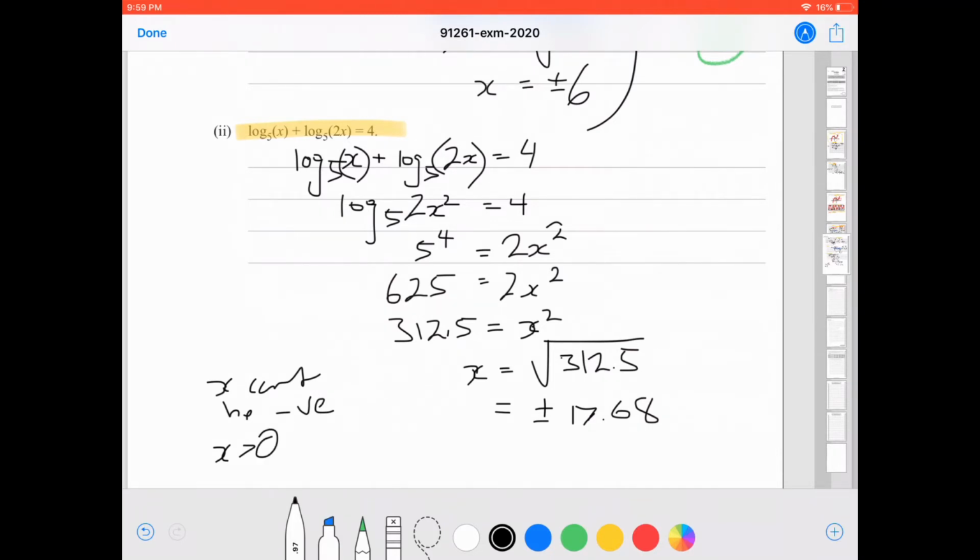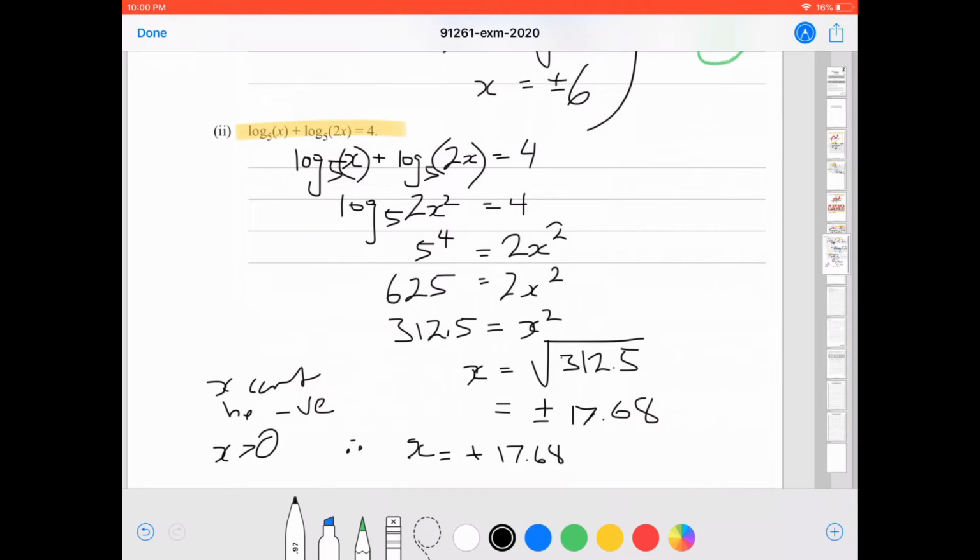Now those are slightly different statements, obviously, the point about whether it can be 0 or not. So therefore, the only solution, x equals positive 17.68. Looking at the marking schedule, correct solution with negative value rejected. So they've explicitly said negative value rejected. So yeah, I assume I'm right there.